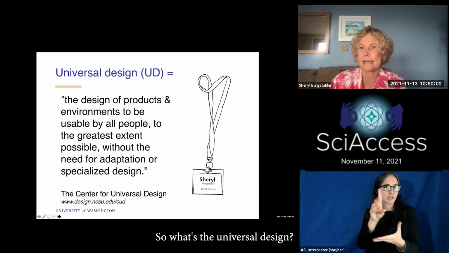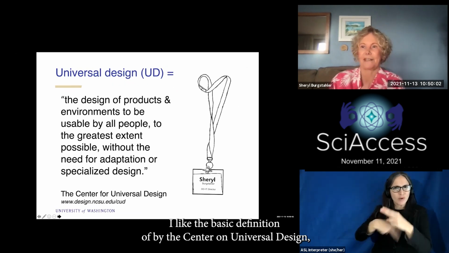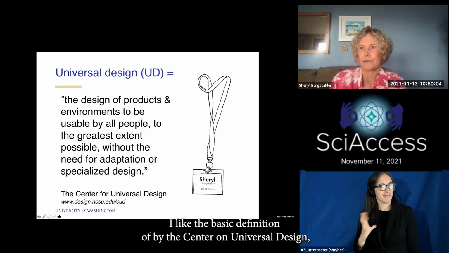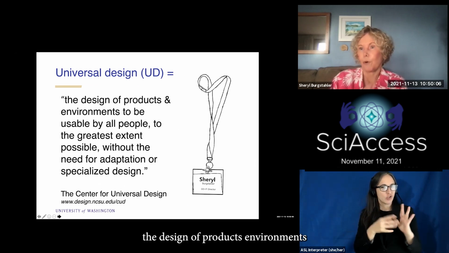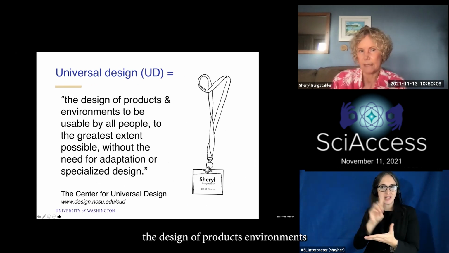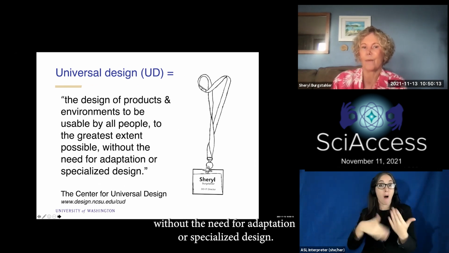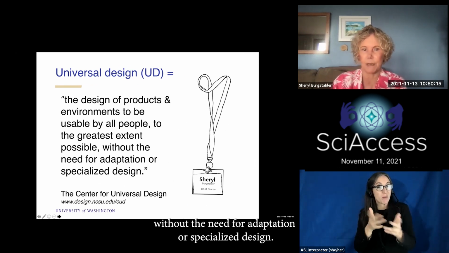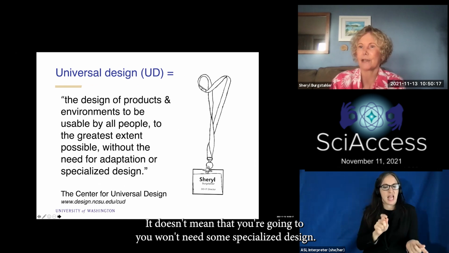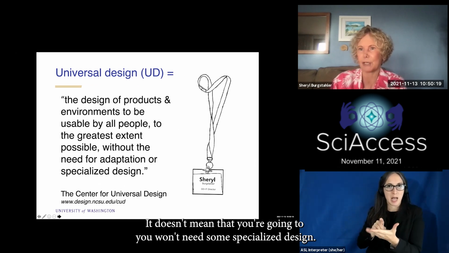So what's universal design? I like the basic definition by the Center on Universal Design. The design of products, environments, to be usable by all people to the greatest extent possible without the need for adaptation or specialized design. It doesn't mean that you won't need some specialized design.